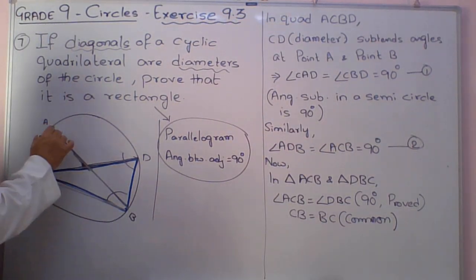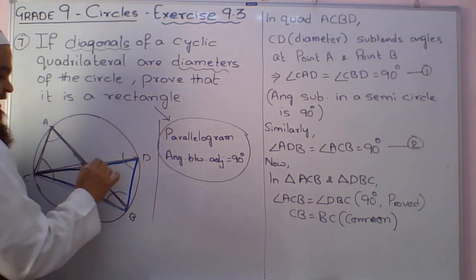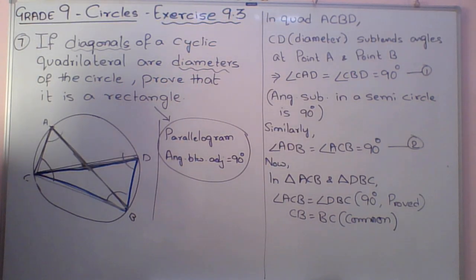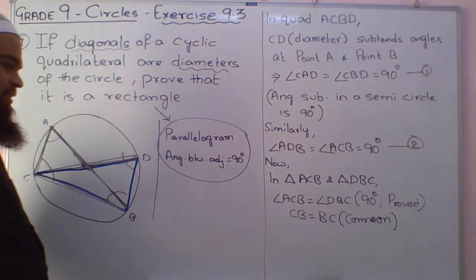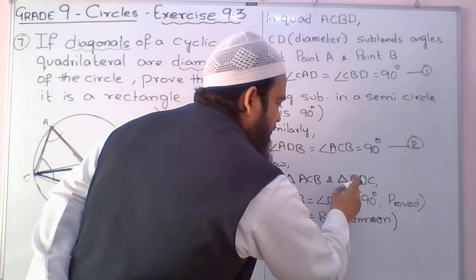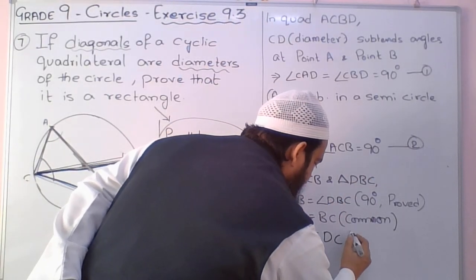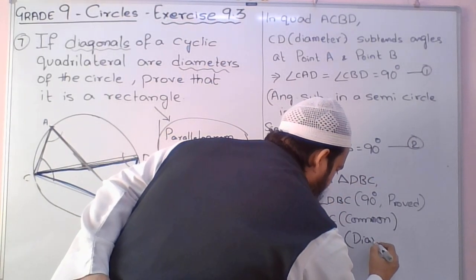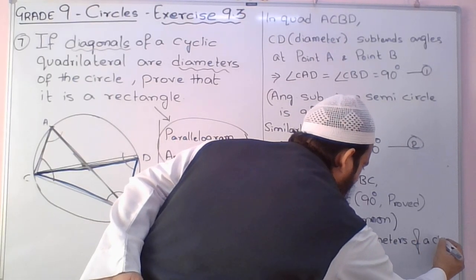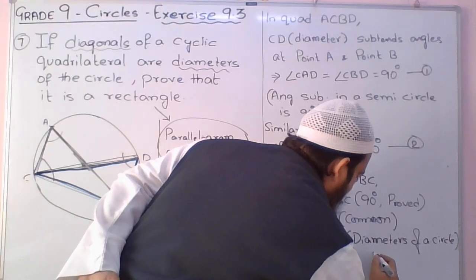Here, my dear children, what are AB and CD? They are diameters, right? Diameters of a circle are equal. So AB is equal to DC.